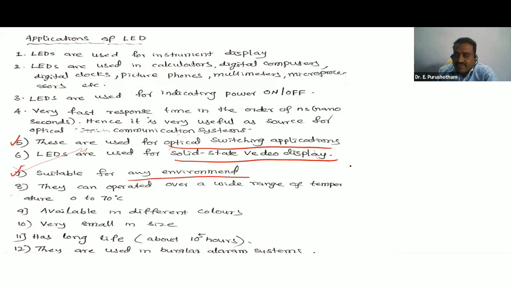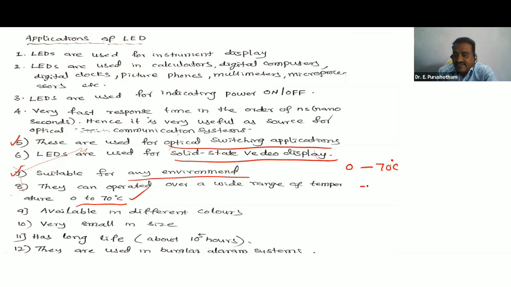We can operate them from 0 to 70 degrees centigrade, so at any environment we can use them. They can operate over a wide range of temperature, 0 to 70 degrees centigrade.